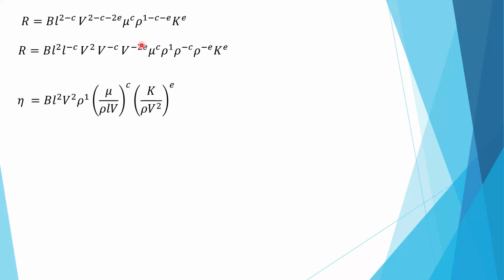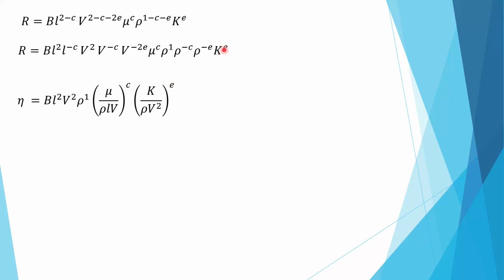Then we can write B into L square, V square into rho, and mu power C, L power minus C, bring it to the denominator, L power C, rho power minus C, bring to the denominator, rho power C, and similarly V power minus C, bring it to the denominator, and the power C is taken outside, so it will become mu divided by rho L V.